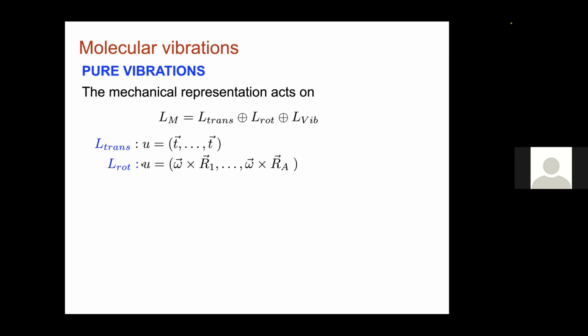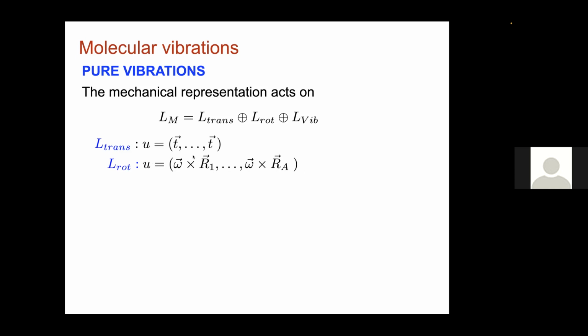Well, in this case, I also consider the equilibrium positions measured with respect to the center of mass of the molecule. And then this represents a rotation around the center of mass, okay? Because if I rotate the molecule around the center of mass, then this is a pure rotation.